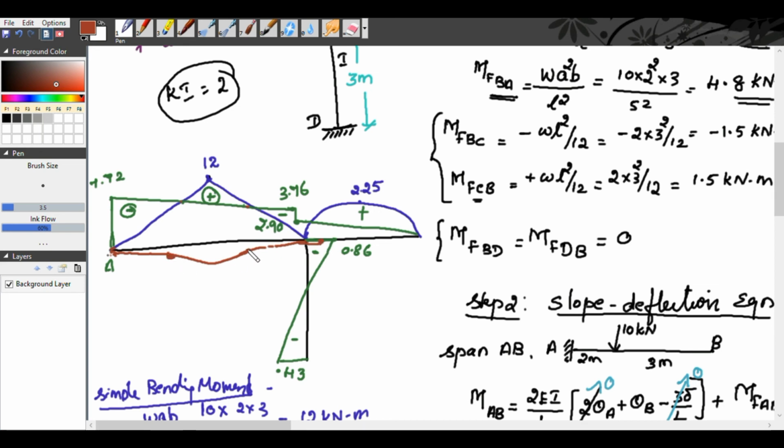These are the points of contraflexure, which you have studied in your last semesters. Then again it is positive, so we will have sagging.